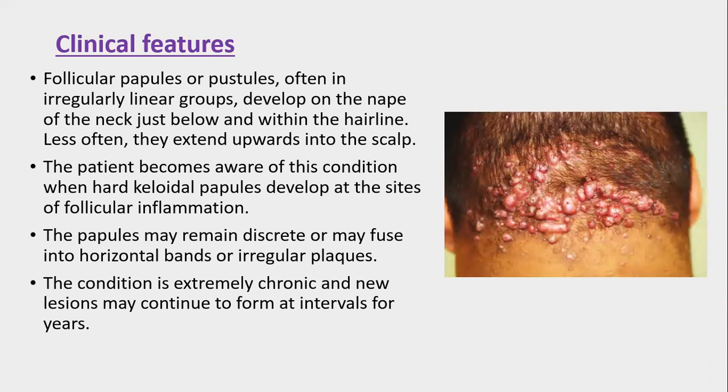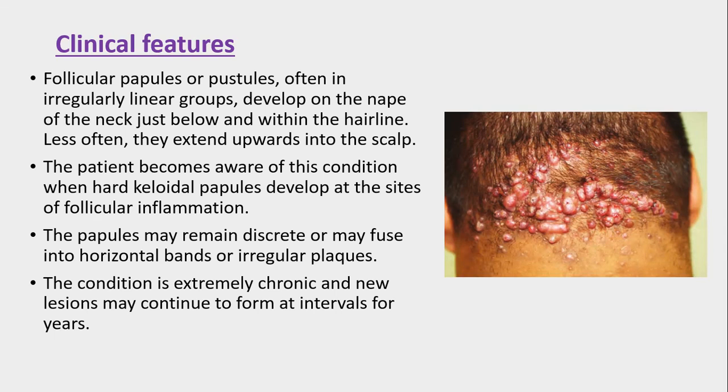The clinical picture is seen here. It's characterized by follicular papules or pustules, irregularly grouped, maybe linear, at the nape of the neck just below the hairline, and it may extend into the occipital region, into the hair.